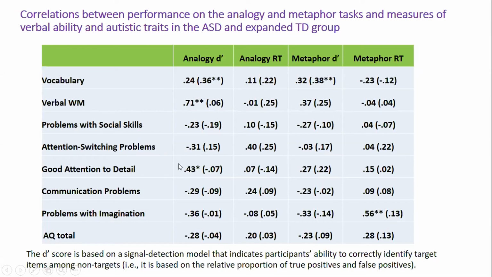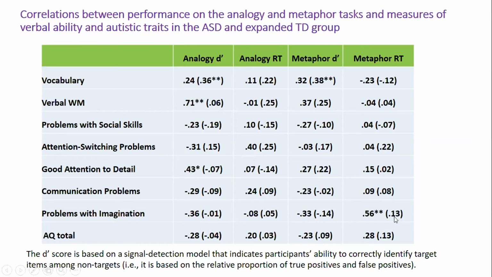Then attention to detail: good attention to detail was related to analogical reasoning in autism, which I will return to later, but I think it's interesting if you think about analogical reasoning, where you should focus not really on the details of the entities that you are comparing, but much more on the relations between those entities.